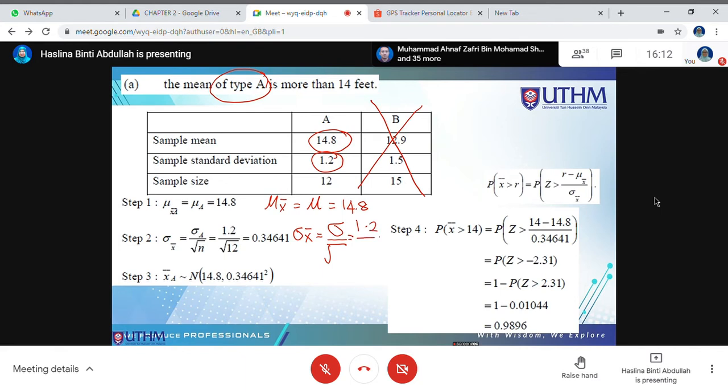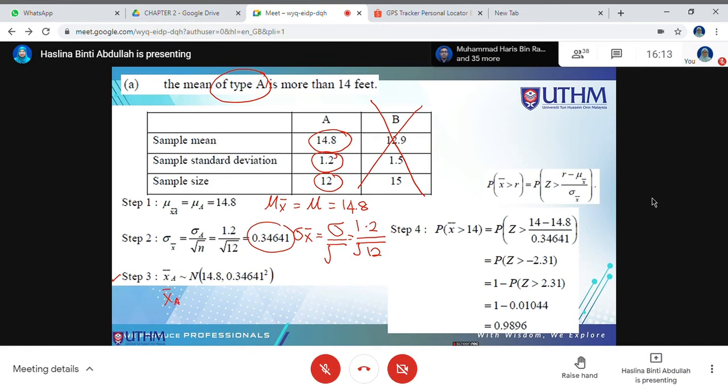1.2, while for the number of samples is equal to 12. So just substitute into this formula, we will get the value of sigma sample is equal to 0.34641. For the third step, you need to write the normal form.